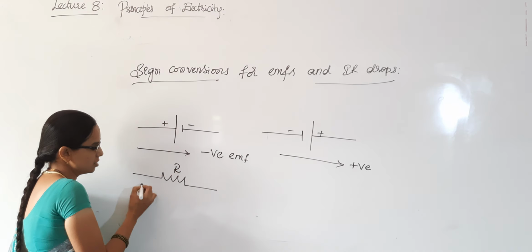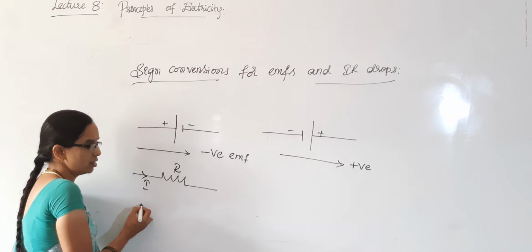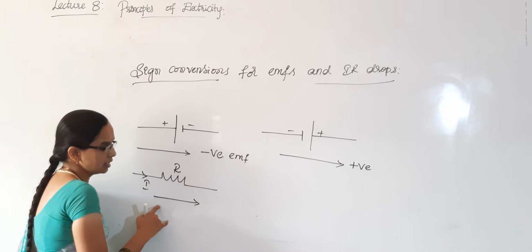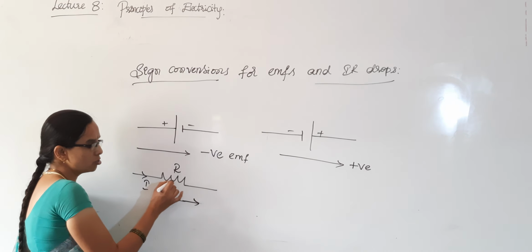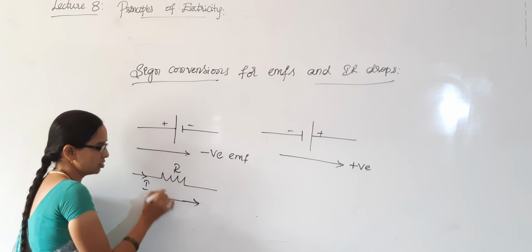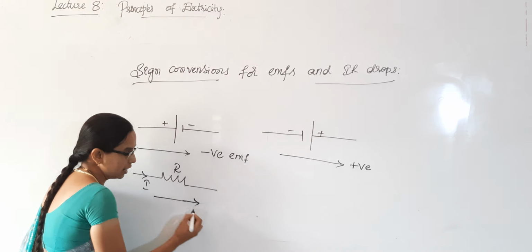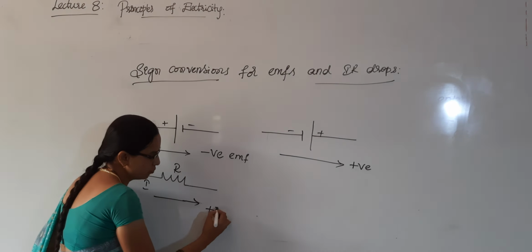In case of IR drops, you just note down these two. If R is the resistance and I is the current flowing through it, if I am analyzing the circuit in this direction and the current is also flowing in the same direction, both the directions are the same, then this IR can be considered as positive IR.